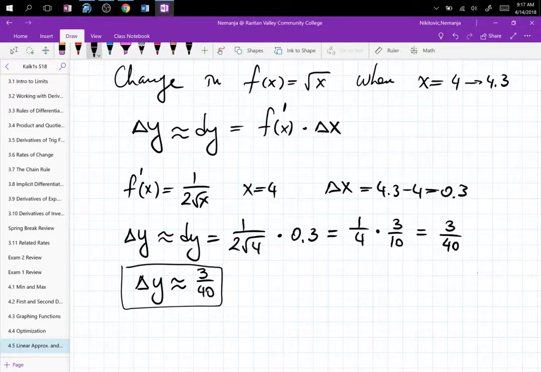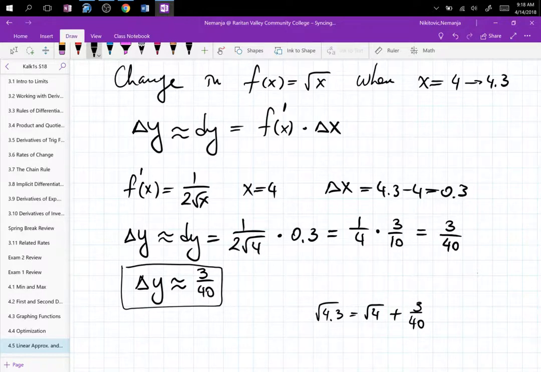I can actually use this change to compute the square root of 4.3. Because wouldn't you agree that the square root of 4.3 would be the square root of 4 plus 3 over 40? Because if you observe, 4.3 has a base of 4 and then a little bit more.